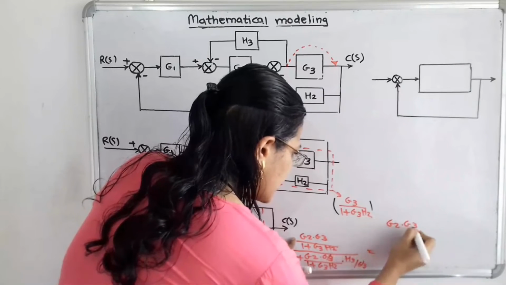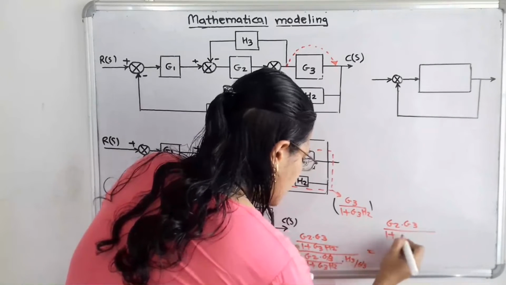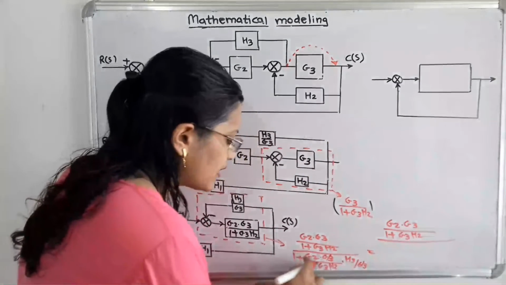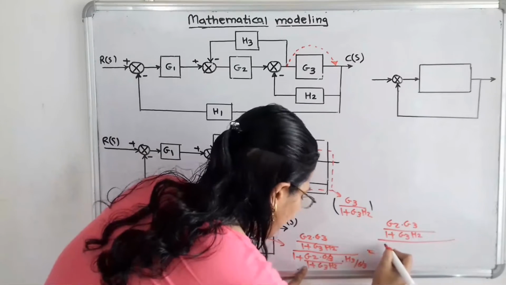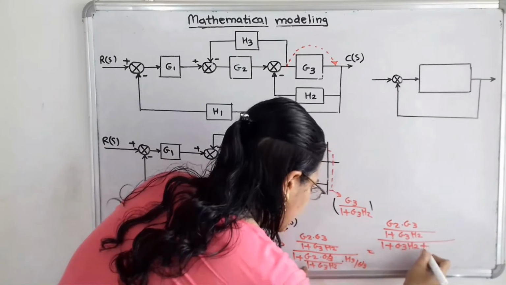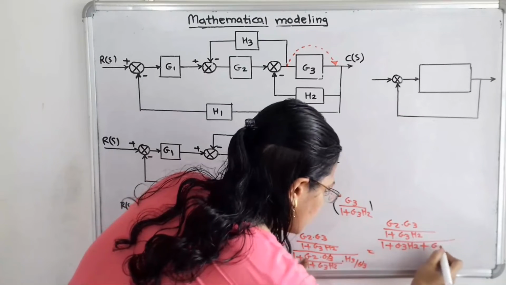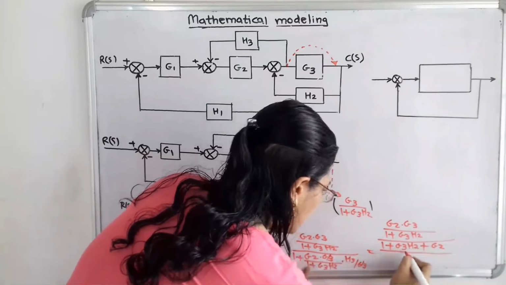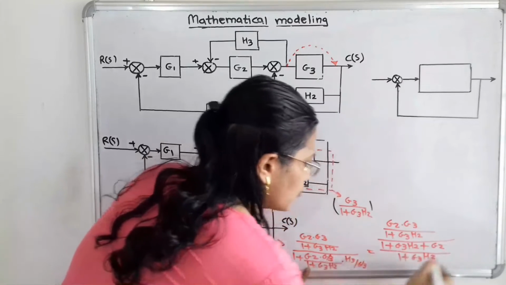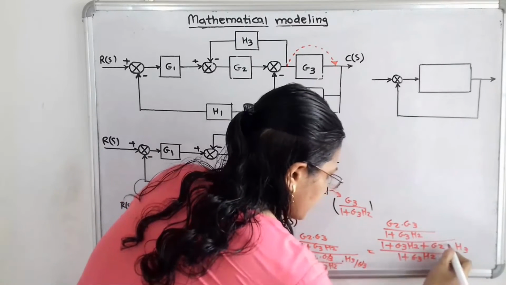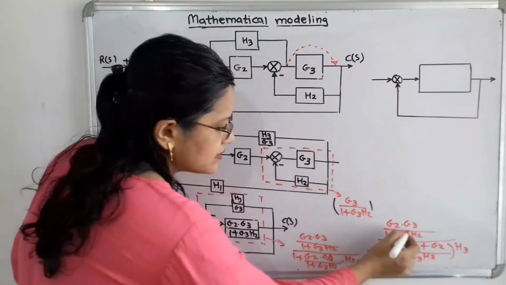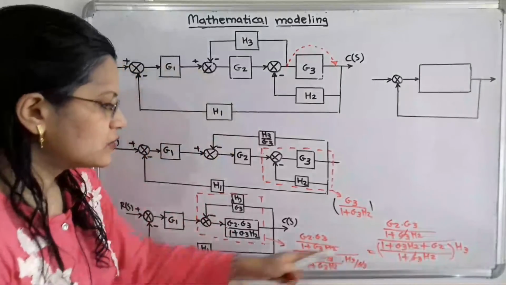G2 dot G3 divided by 1 plus G3H2 whole divided by, now for this 1 I will multiply this denominator, that is 1 plus G3H2 plus G2 whole divided by 1 plus G3H2. Now here we have to multiply with this H3. Now if we observe here both the denominators are same, so we can cancel this. So what is the answer?